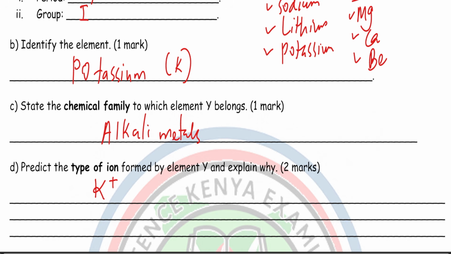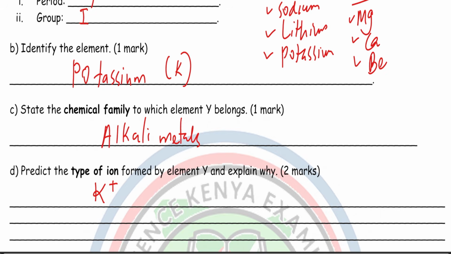So it's a cation, and the reason why it's a cation is because it loses one electron to gain stability in the outermost energy level. Since it has only one electron outside, the only thing it can do is lose that one electron.